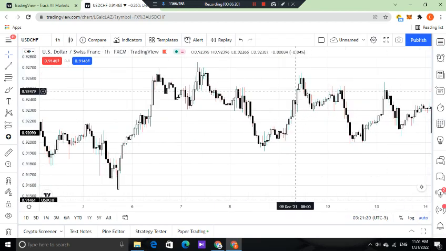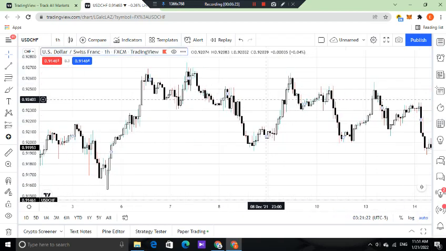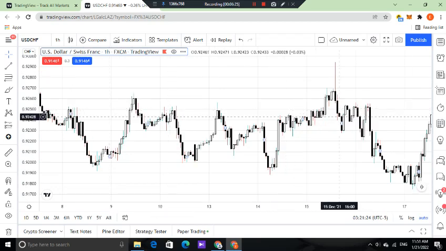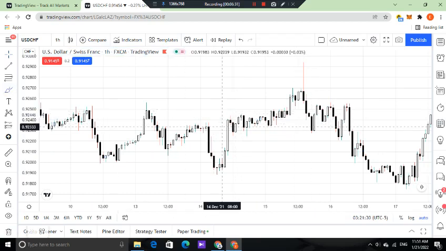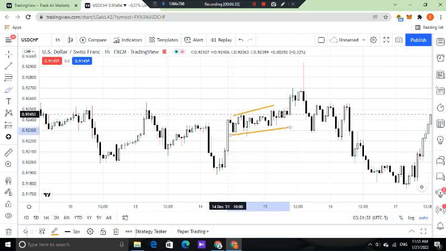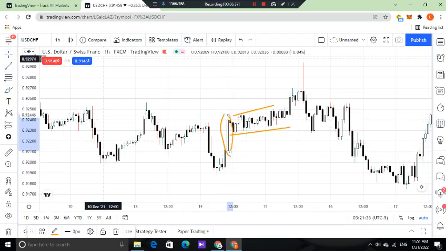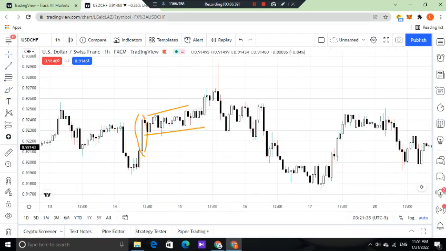After that we usually see a trading range because they take profit, so it makes sense to see a trading range like this one after these big bars.